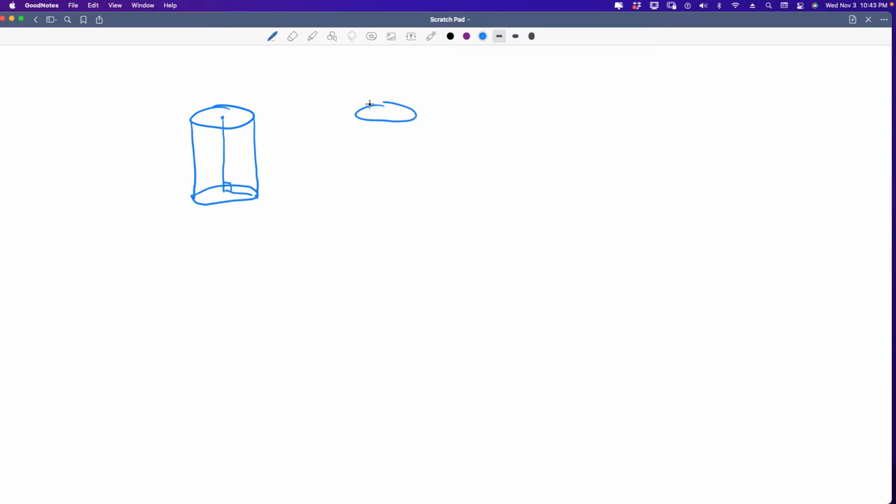Something that would not be would be something that was slanted, because then the line would not be at a right angle to the base, right? This is more of an acute angle. A right angle would have to be like this. So we are going to be working with solids and shapes that have a straight up and down 90-degree right angle to the base of the object. That's what we're looking for.